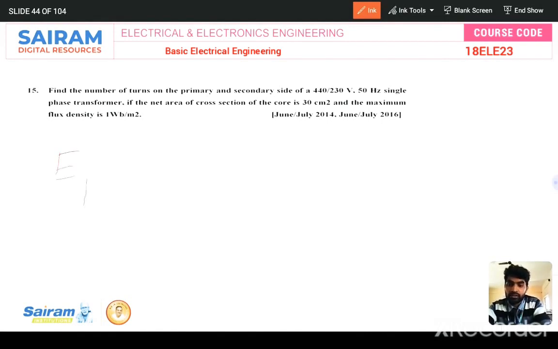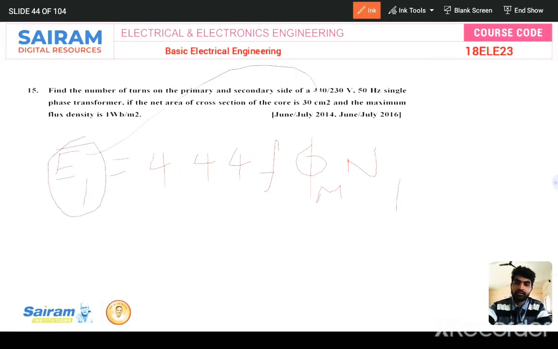E1 or V1 is equal to 4.44 f phi m N1. Okay, this is V1. Instead of V1 I have taken E1 here. Your wish, you can take any symbol, E1 or V1, only the letter is different, right? E1 is a known value, directly you can take 440, and frequency they have given 50 hertz, right?